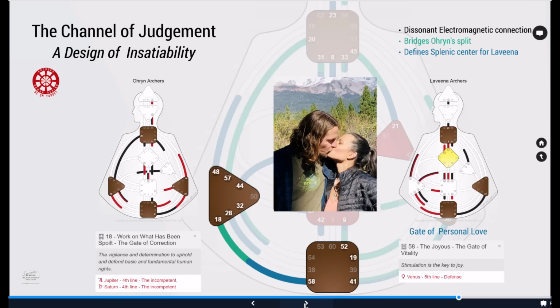Now, the channel of judgment, a design of insatiability, this is where we have another dissonant electromagnetic connection that bridges Oren's split. This is the love trait that Lavina brings to the table that turns on her splenic center with him, besides the fact that he brings in his own definition. So it defines the splenic center for you, Lavina. It's a gate or trait of personal love.